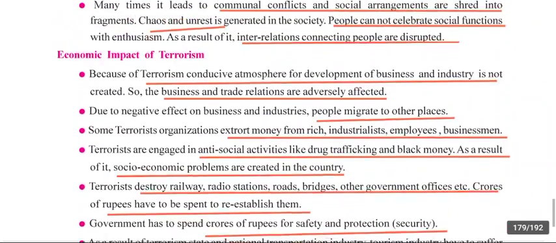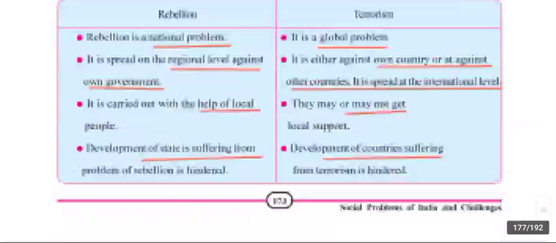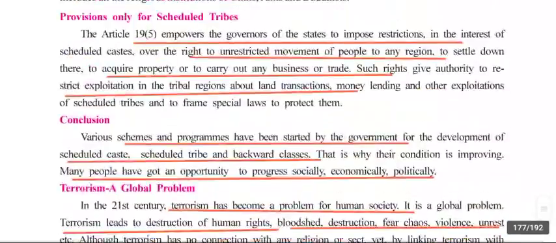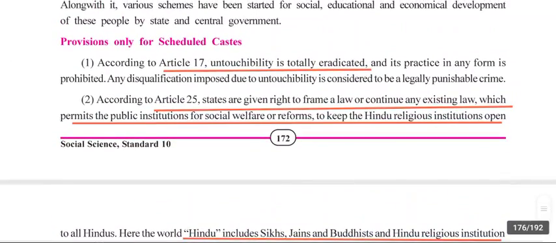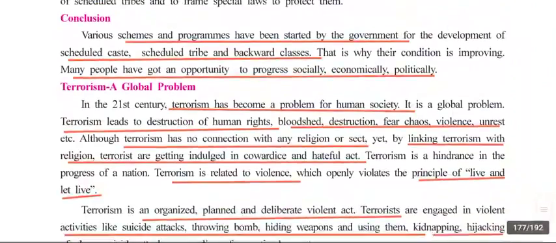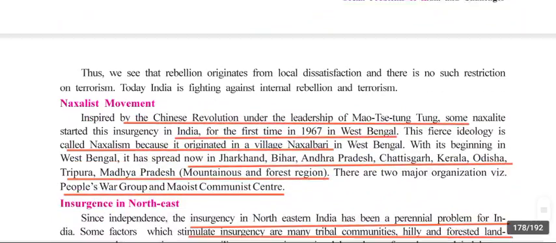Thus, our chapter number 20 ends. Chapter number 20, the social problems of India and challenges. We studied today about provisions only for SC and only for ST. What is terrorism? The difference between rebellion and terrorism.